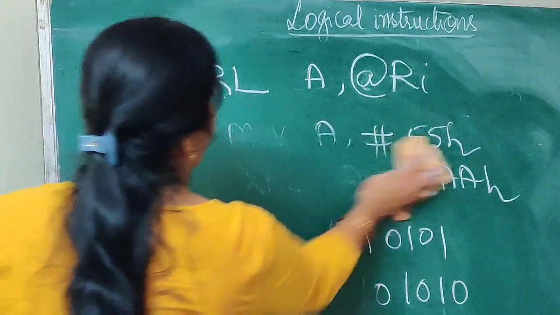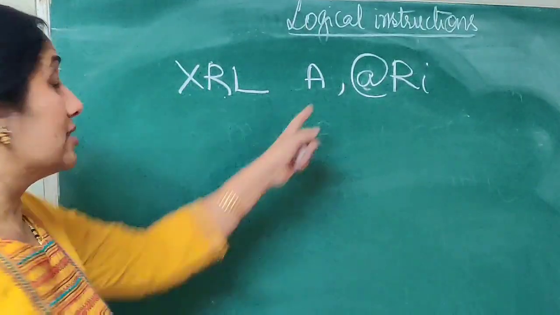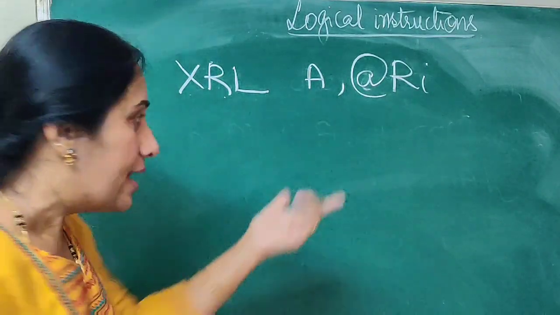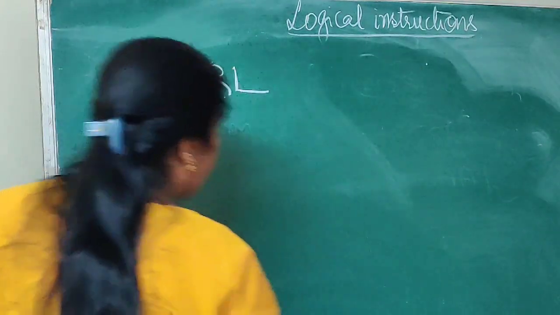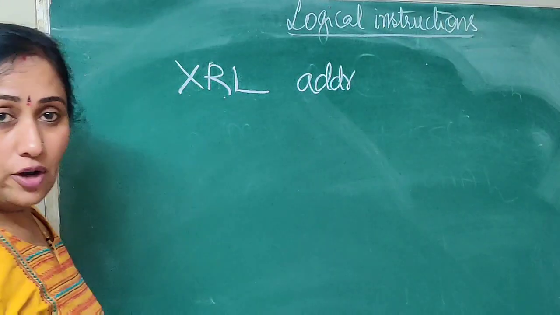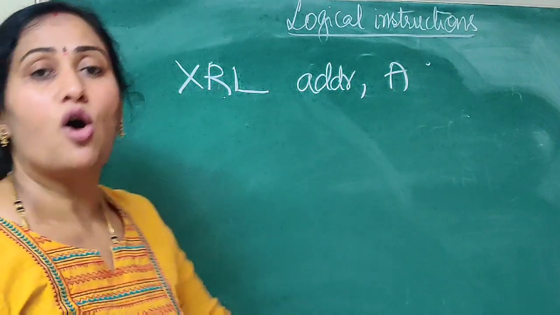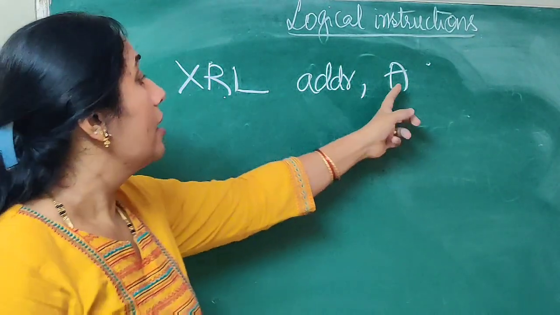Okay. These are the 4 instructions wherein you have seen that the destination is the accumulator. Now I am going to write in the destination the memory location address, and here the source can be either the immediate data or the accumulator. So what's going to happen?